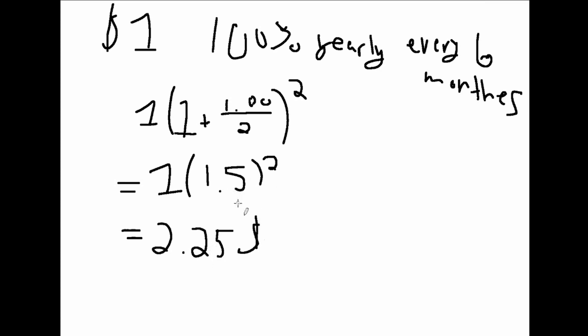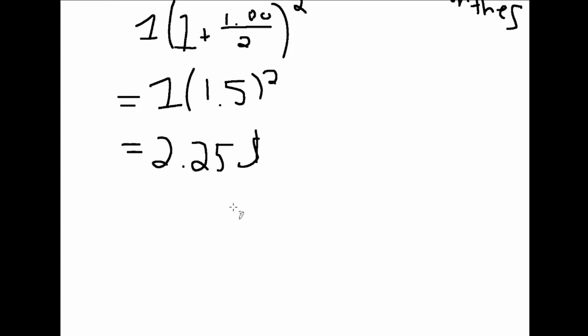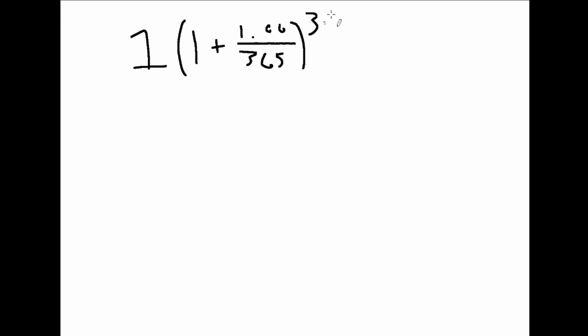Now, what would happen if we compounded more, right? What would happen if we just compounded, let's say, for every day in the year? At the end of each day, we compounded the interest yet again. So that'll be 365 separate pieces of compounding that's done.